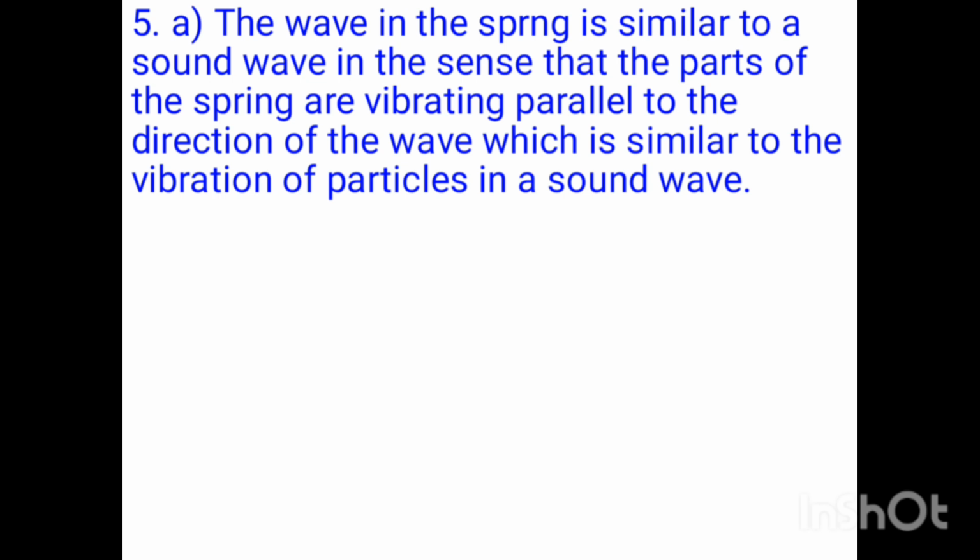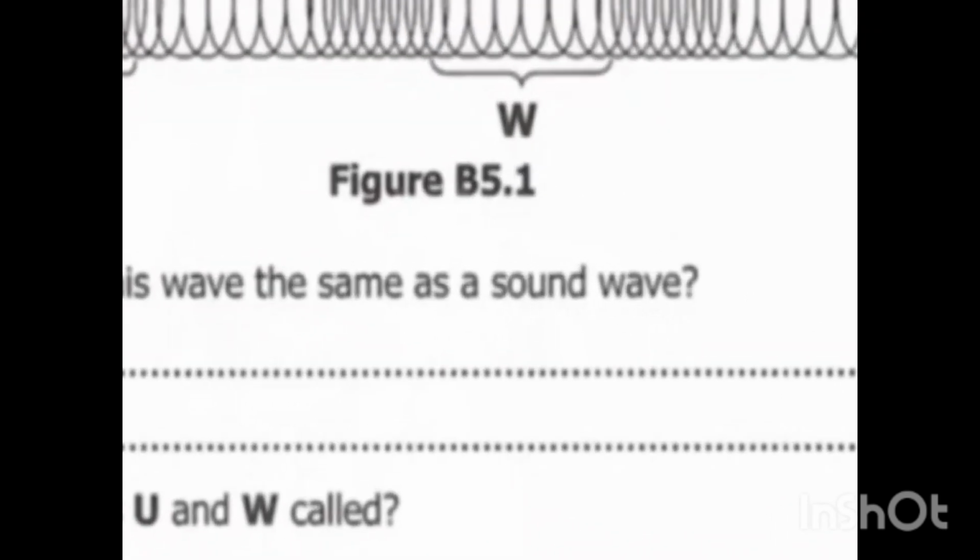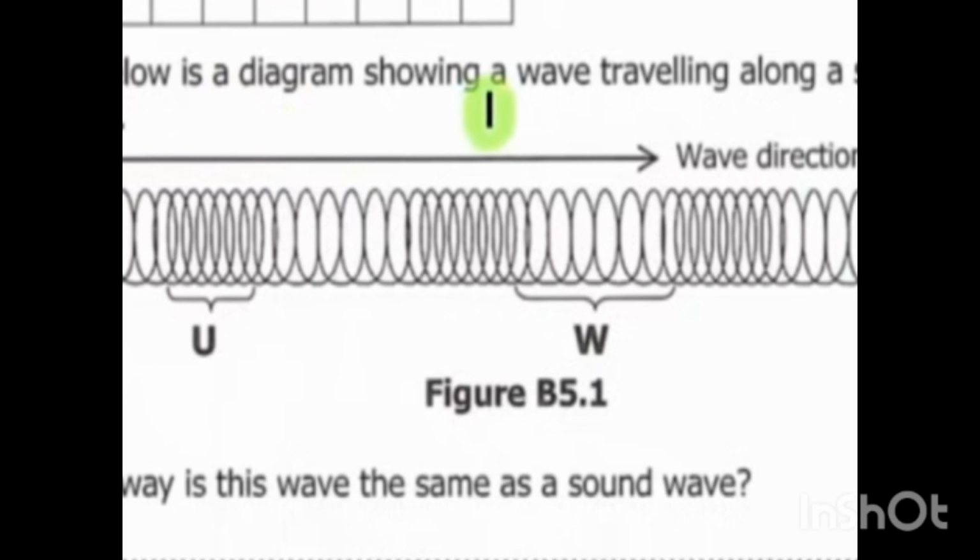Then question B says, what are regions U and W? Okay, so when we zoom in, part U, we can say where part U is, right?